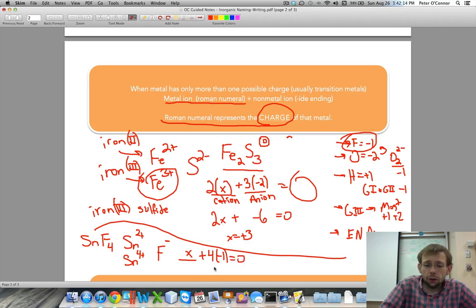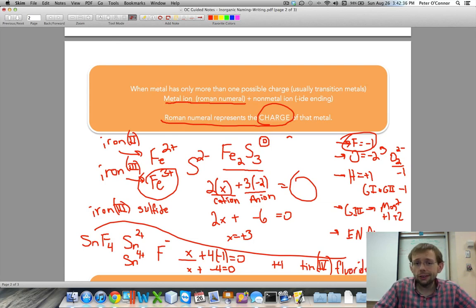So X plus -4 equals 0. That means tin's 4+. So this compound is tin(IV) fluoride. That's how it works every time, folks. You'll never fail with that idea.